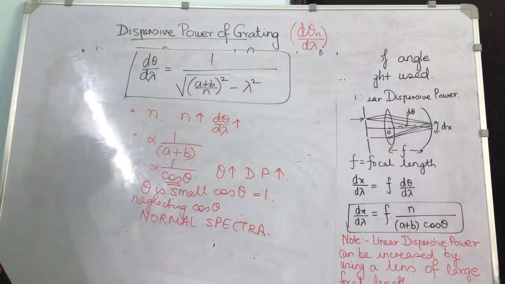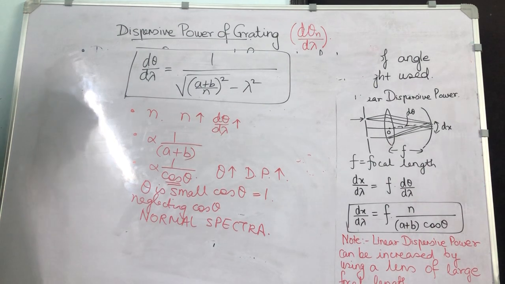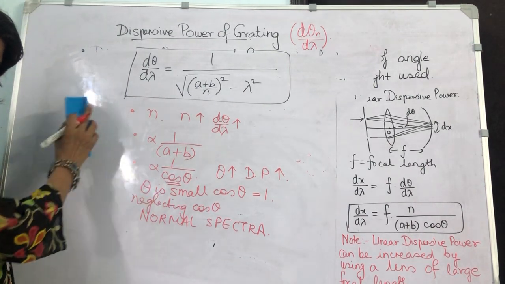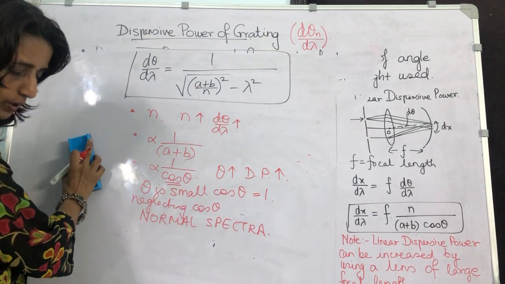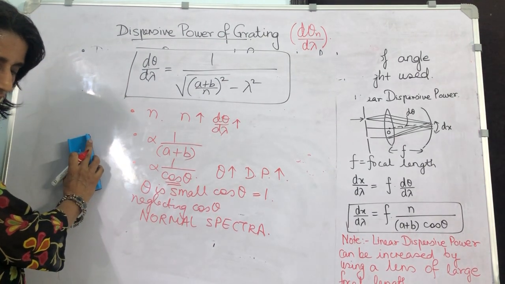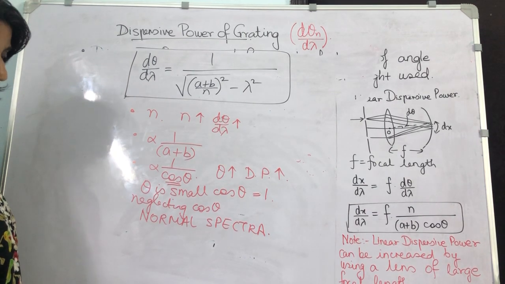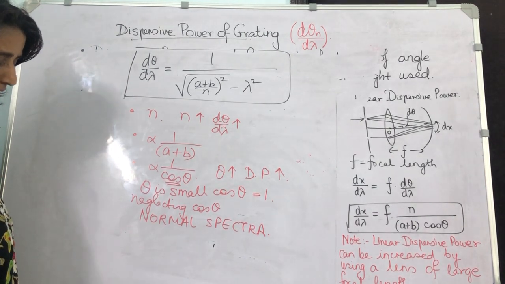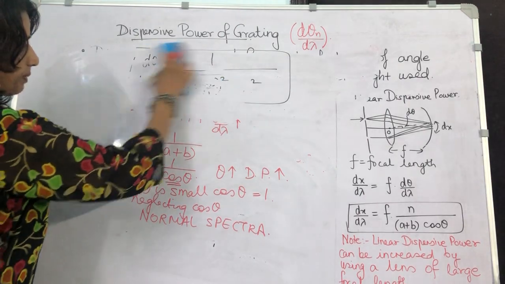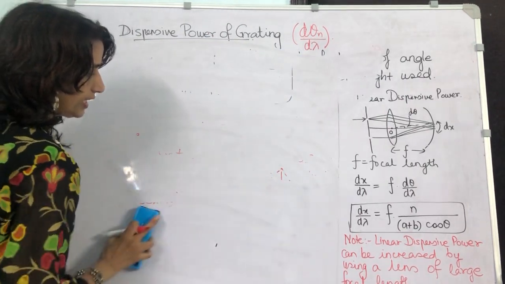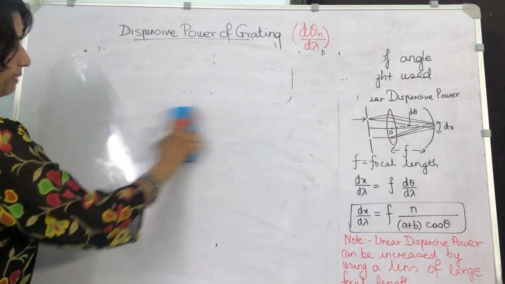A number of spectra of different orders, depending upon the width of the spectra, are situated on either side of the central zero order maxima, on either side of the white central maxima. Maximum light is concentrated in the central maximum.